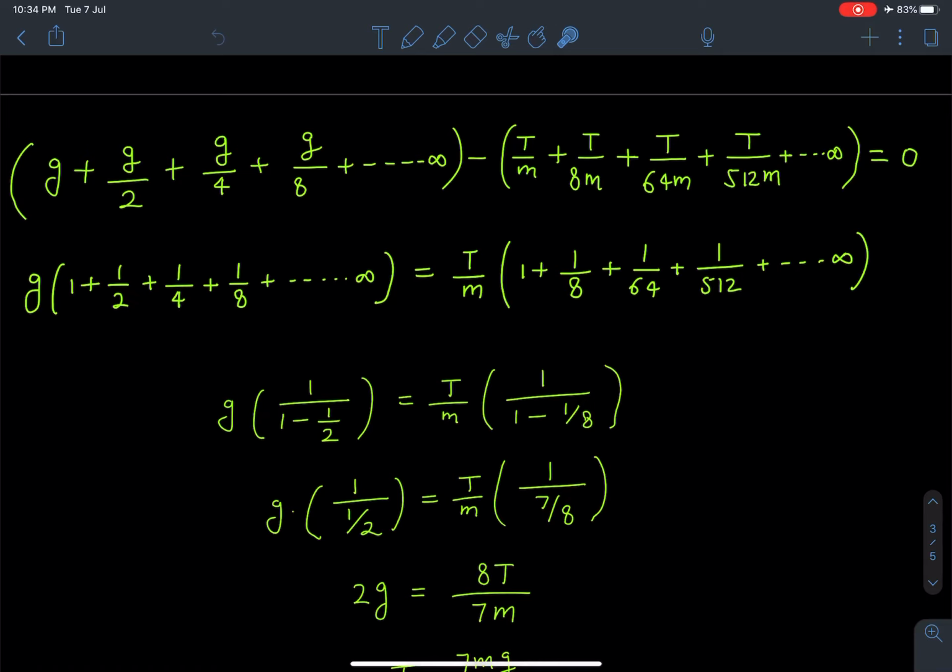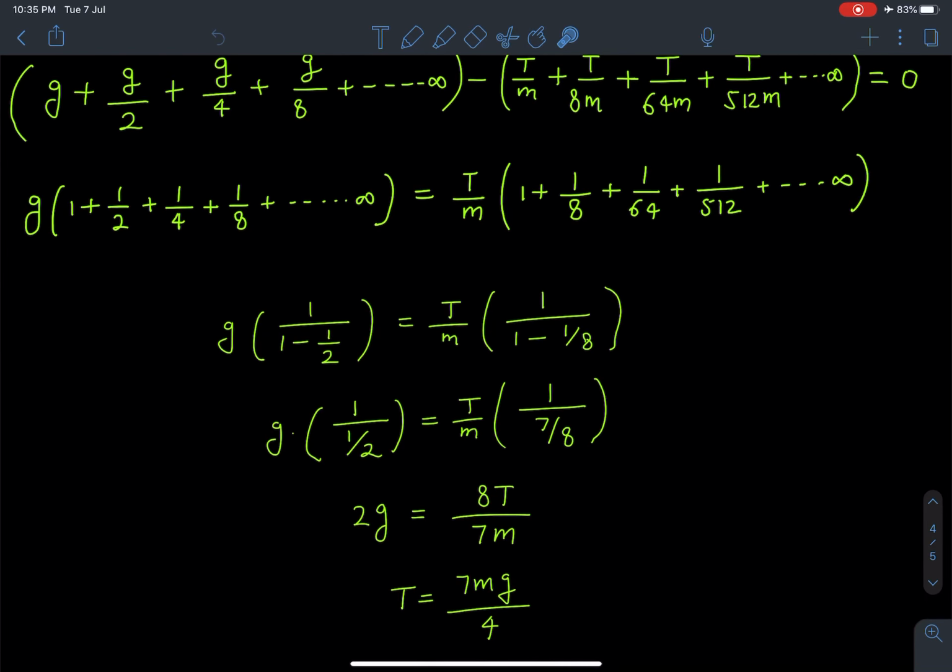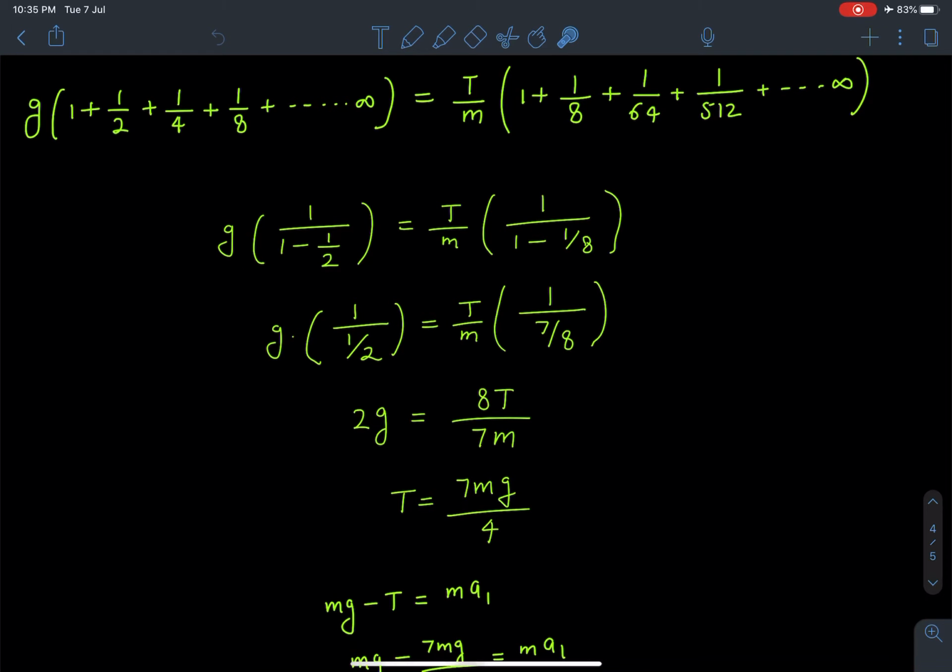Since both are decreasing sequences, the answer has to be finite. We use the sum of an infinite GP, which is a by 1 minus r. The r value is 1 by 2 here and 1 by 8. On simplification, I get this tension value as 7mg by 4.